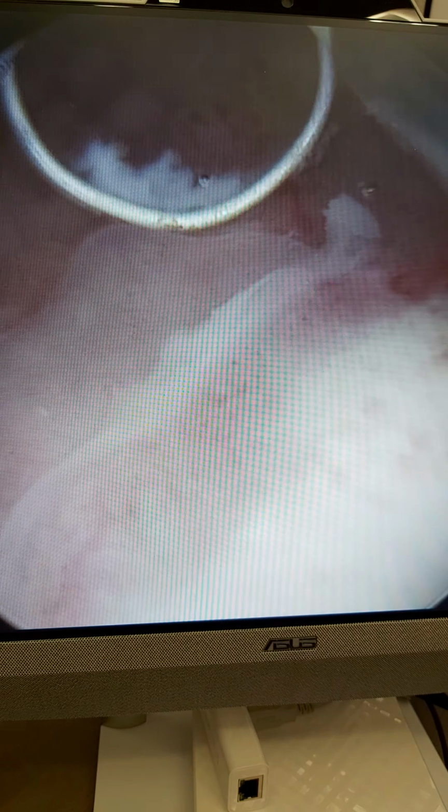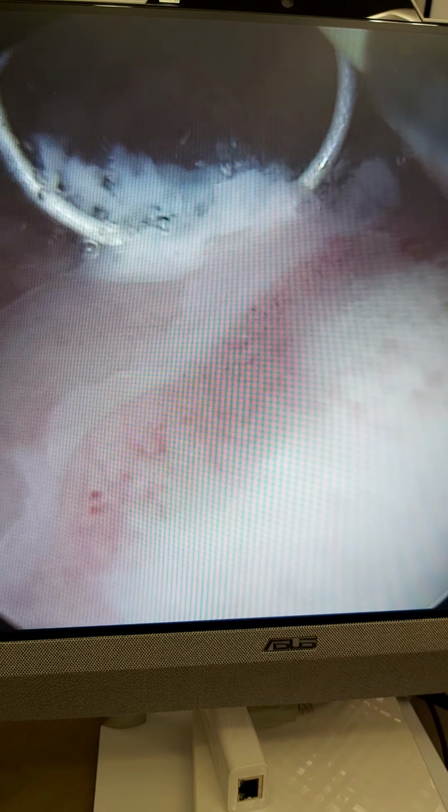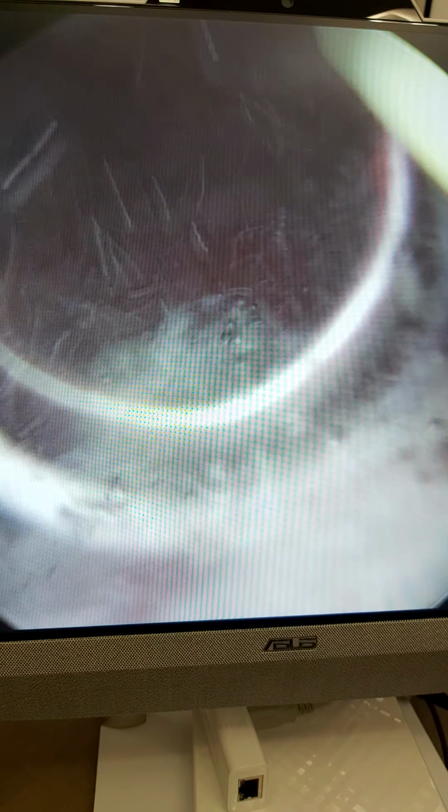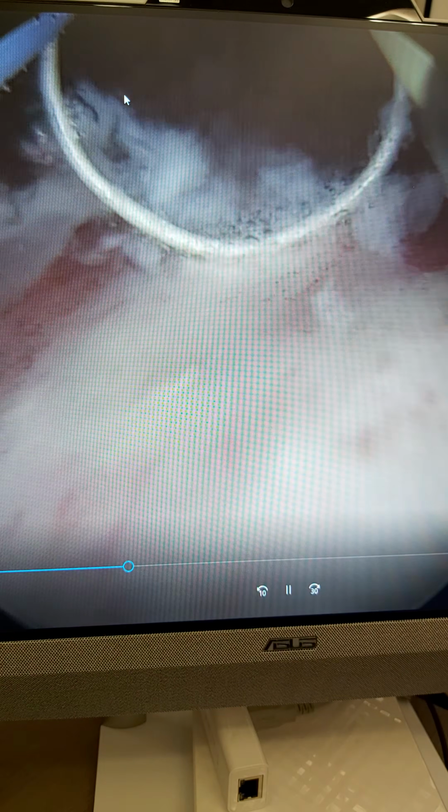I try to scrape the tissue, but it's not possible, so we fulgurate. This tissue is very thick, so we continue like this. Then we will fulgurate the little spherical formations here, these cysts. We will try not to leave any diseased tissue behind.